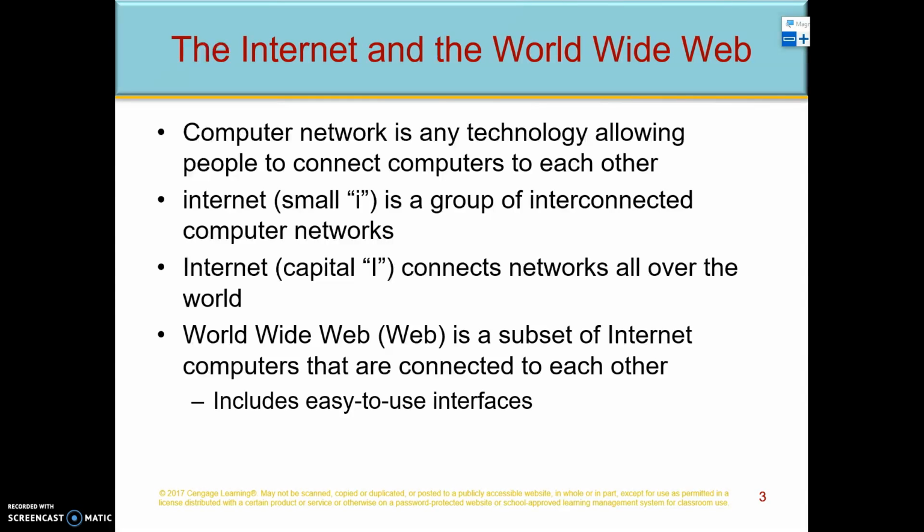So the biggest difference here is if you're in an organization, in a work organization, let's say, or at a school, you have interconnected computer networks. That can be considered a small i internet. Whereas when we log on to Facebook or something like that, we're on the capital I Internet.